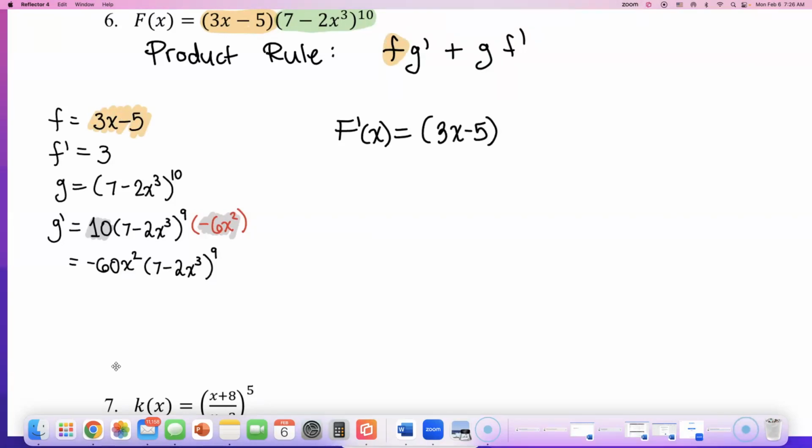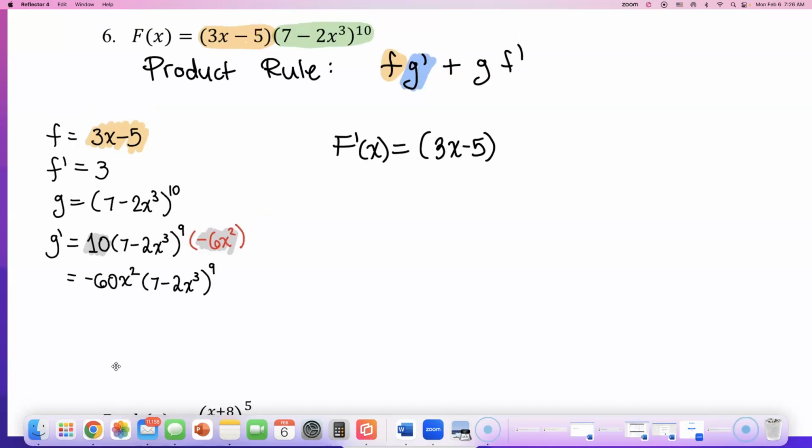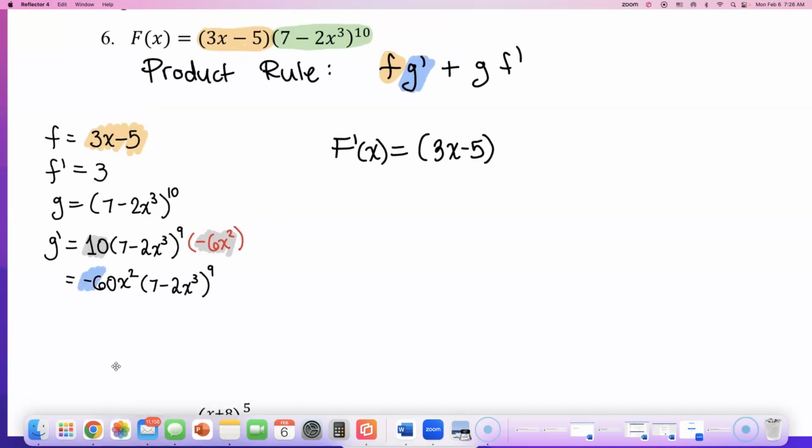I'm multiplying this by g prime, not g of x, okay? And g prime is what we found down here, right? So that's what you want to write down next. I'll put the negative 60 in a parenthesis like this: negative 60x squared first, and then 7 minus 2x cubed raised to the 9th power.